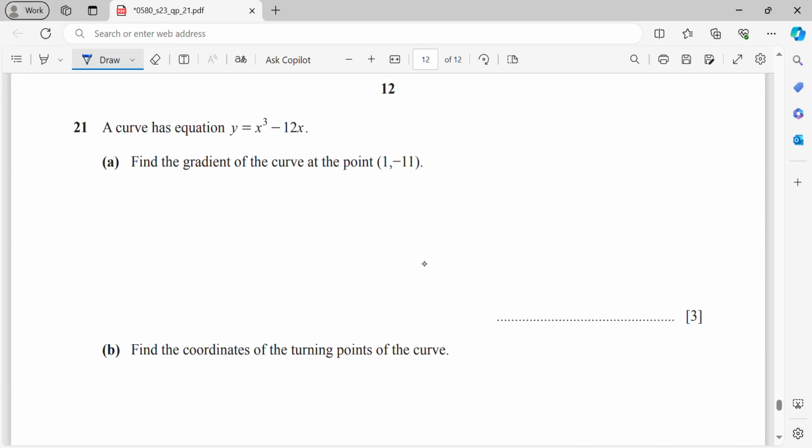Okay, now for question 21, a curve has equation y equals x cubed minus 12x. Then A, find the gradients of the curve at the points 1, minus 11. So now y equals x cubed minus 12x. The gradient is basically referring to dy dx. For your information, to differentiate x to the power n, that is nx to the power n minus 1.